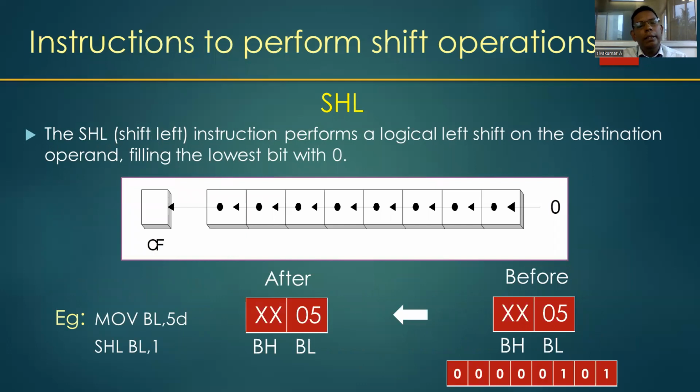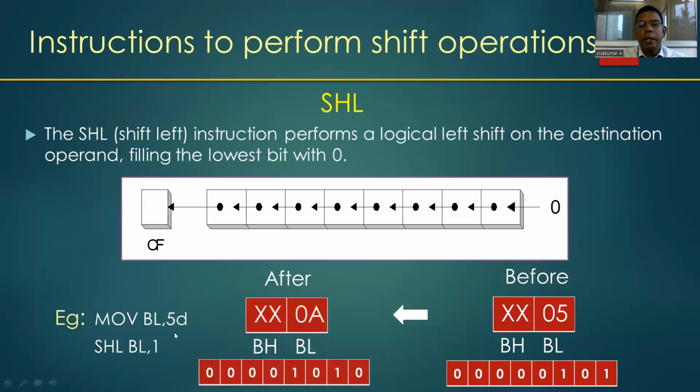Then some instructions are used to perform shift operations. That is called SHL, shift left instruction with carry. The MSB will be moved to the carry, and the LSB will be filled with 0. The format is destination, count value. A count of 5 indicates a 5-bit logical shift, or 1 indicates a 1-bit logical left shift.